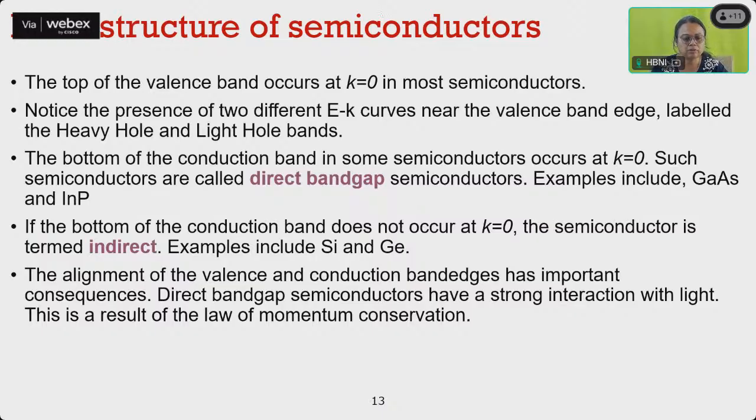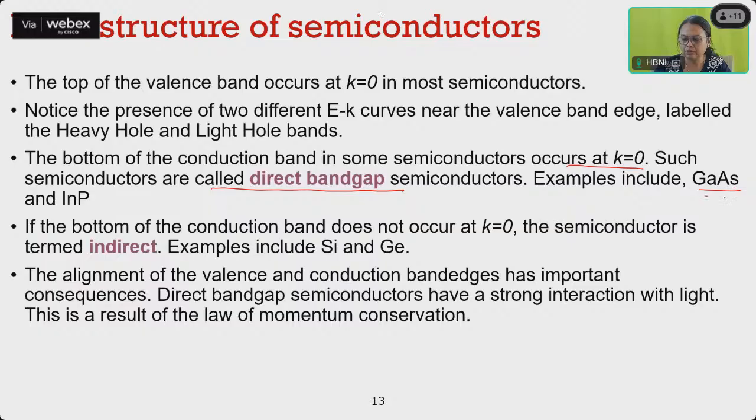The top of the valency band occurs at k equal to 0 in most semiconductors. There can be two different kinds of EK curves near the valency band edge, labeled the heavy hole and the light hole. And the bottom of the conduction band in some semiconductors occurs at k equal to 0, and they are called direct band gap semiconductors.